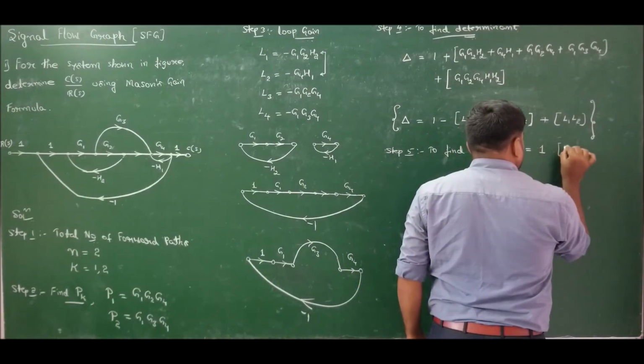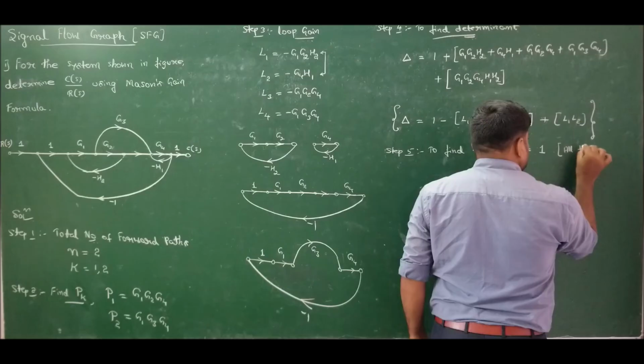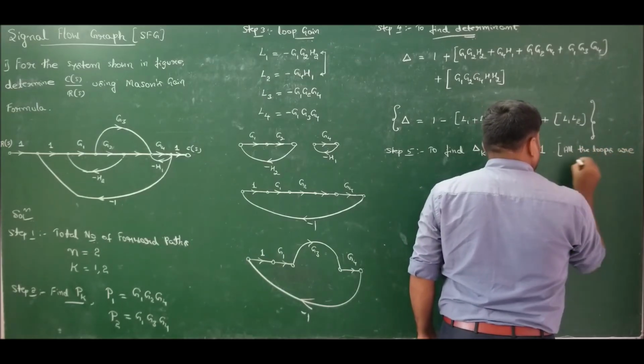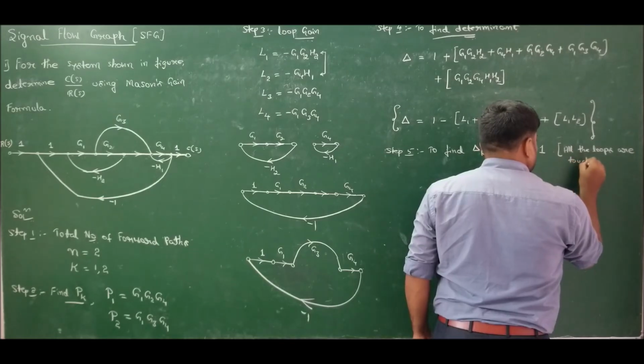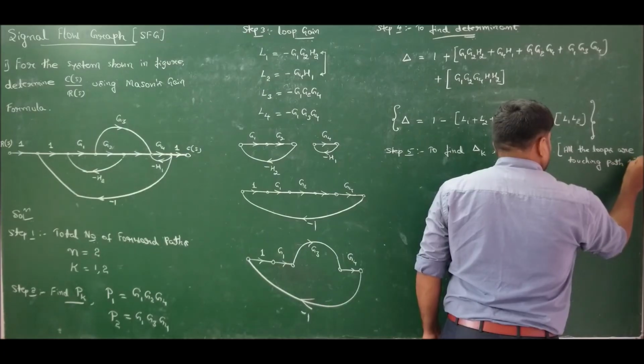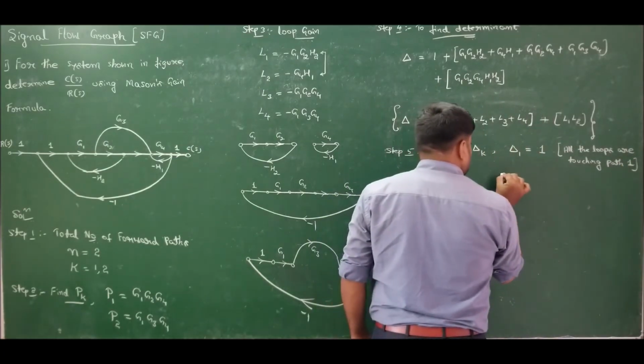This is because all the loops are touching path 1.